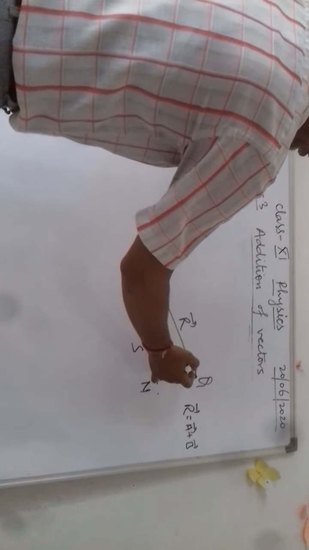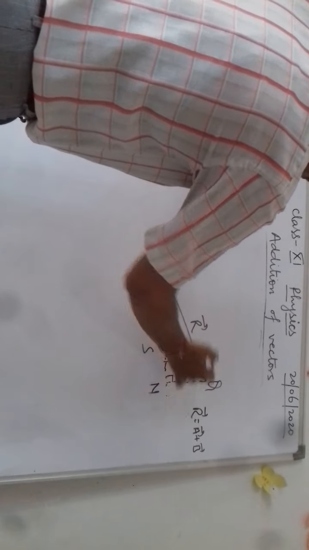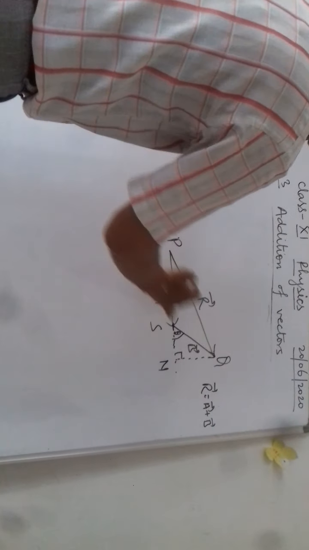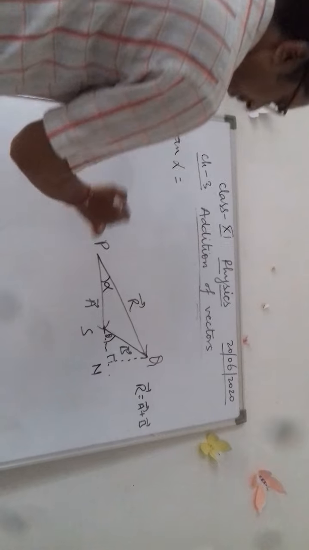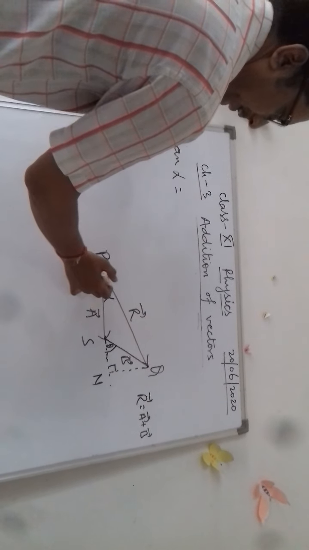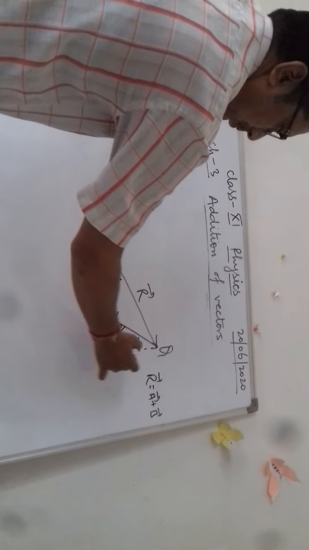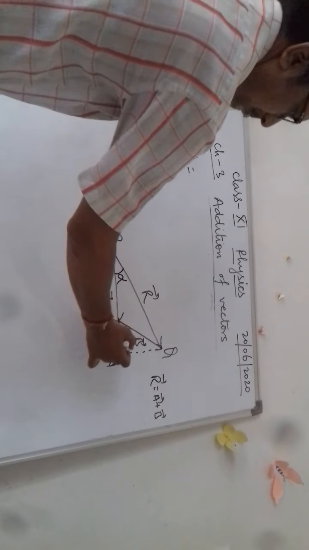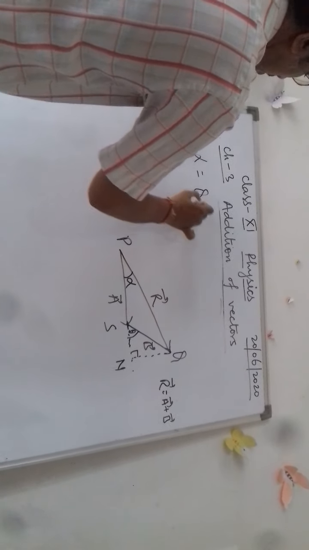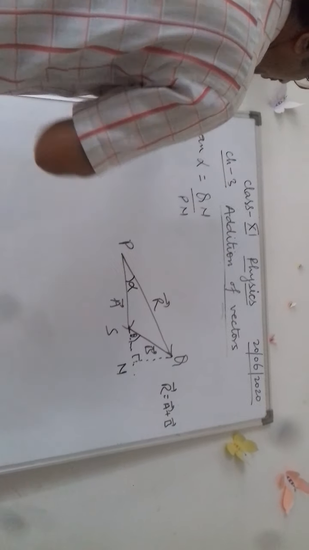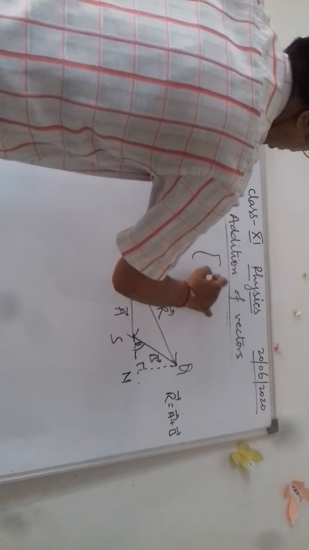Suppose we take the triangle PQN in the whole figure, then how much is tan alpha? Tan alpha is equal to perpendicular upon base, that means QN upon PN, in the right angle triangle PQN.